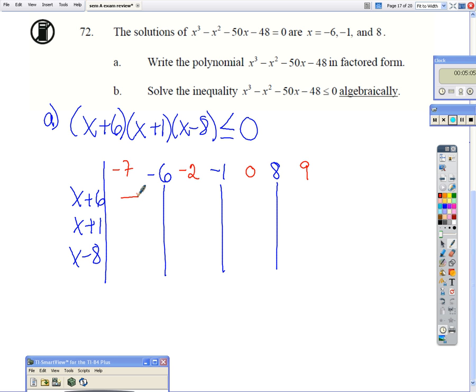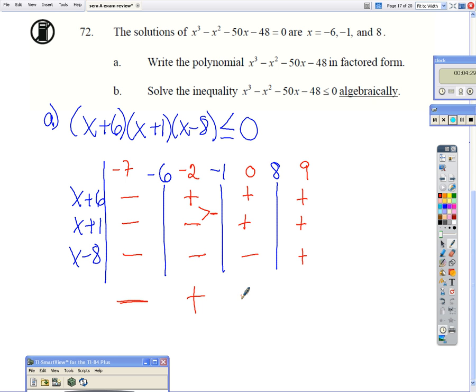-7 into this factor is a negative number, negative number, negative number. -2 into this factor would be a positive, a negative, and a negative. When I plug 0 in, and when I plug 9 in. So when we multiply three negatives, our answer is going to be a negative. We multiply a positive times a negative, that's negative. Negative times negative is positive.